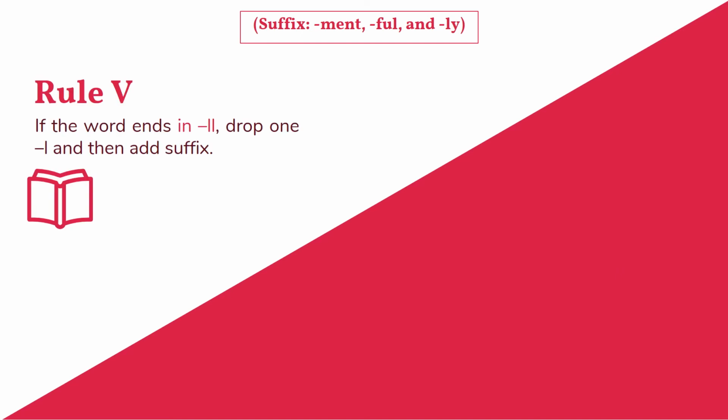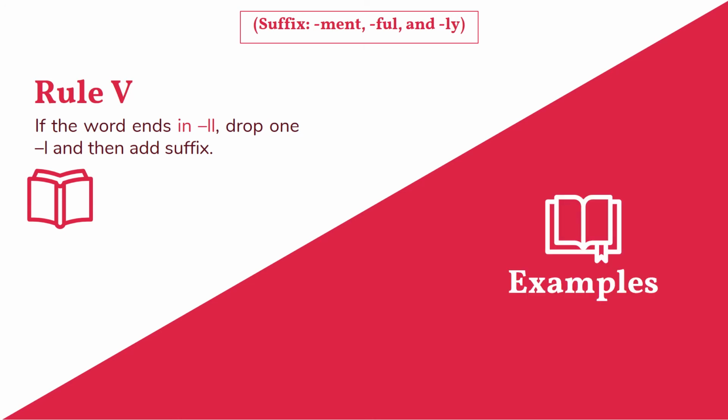Now the last rule for this set of suffixes: if the word ends in double L, then drop one L and then add the suffix. Let's see the examples first. Skill, skillful. As you can see, the word ends in double L, so we have removed one L and then added the suffix ful at the end of it. Chill, chilly.